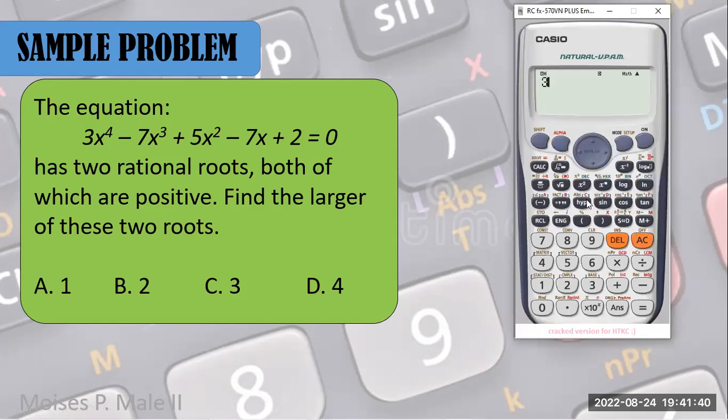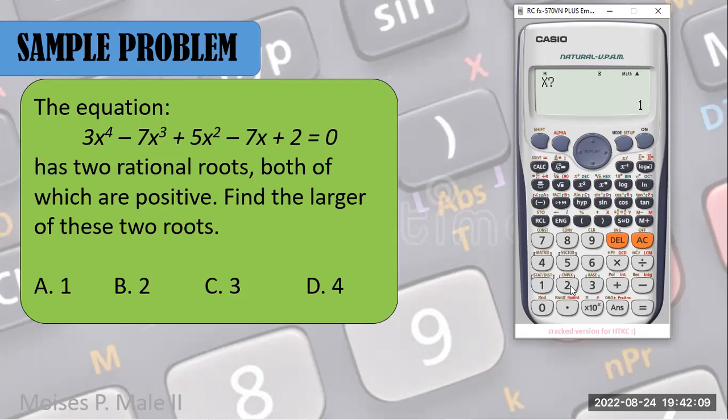So 3x to the 4, minus 7x cubed, plus 5x squared minus 7x, plus 2. Let's use calc and try 1. We get negative 4, so that's not the correct answer.